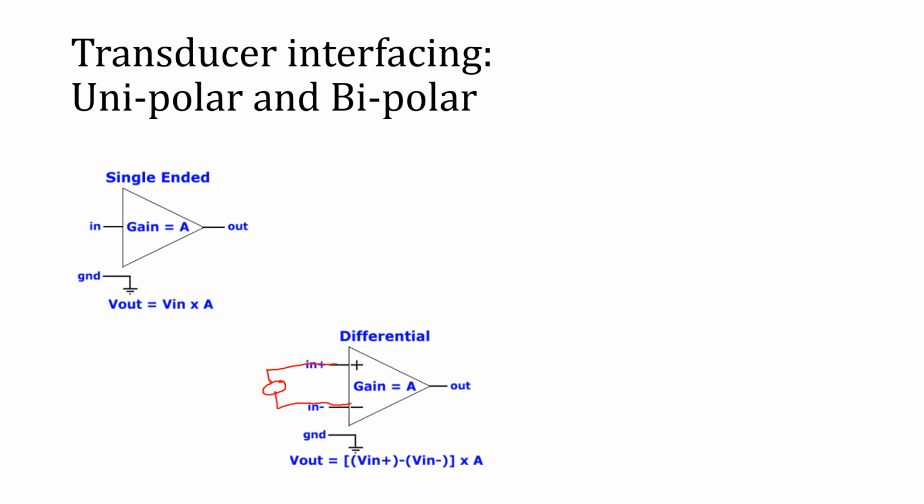So if we have a third pin, there are many other pins on that transducer, and some other pin is used for ground and some other pin is used for VCC, let's say, and there are two exclusive pins for the output, and those two exclusive pins are directly connected to the operational amplifier's inverting pin and non-inverting pin. Then we say this is a bipolar configuration. I hope it is clear to you.